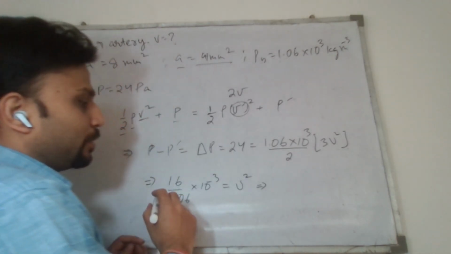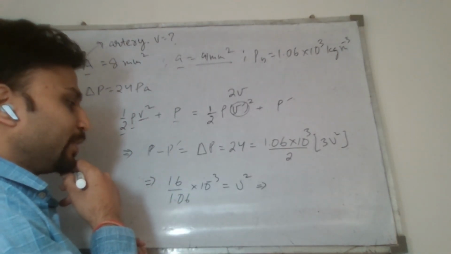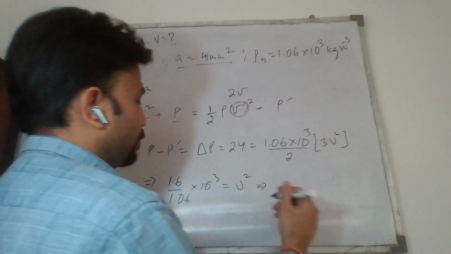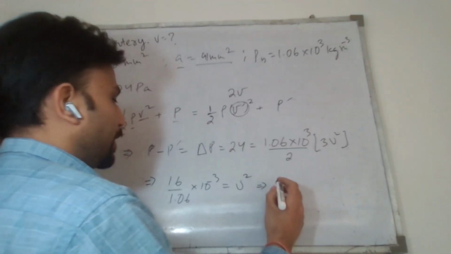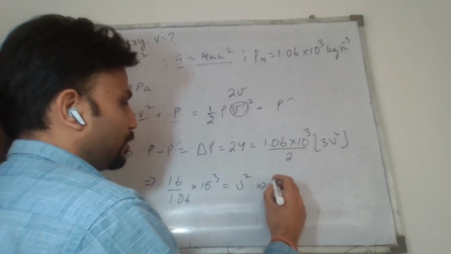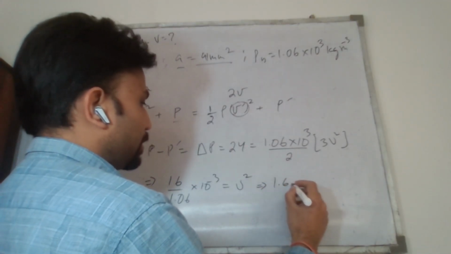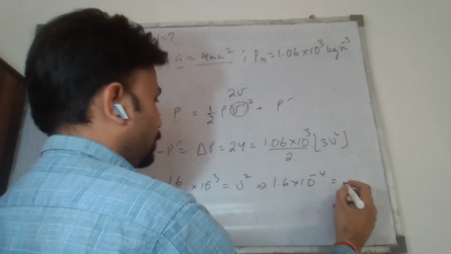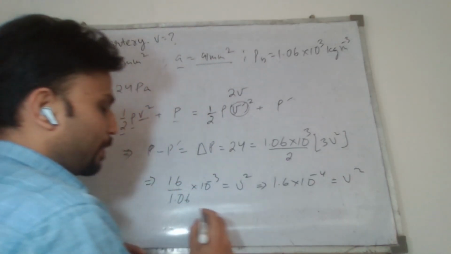So upon calculation, what we'll get? I can write this as 1.6 into 10 to the power minus 4, v square.